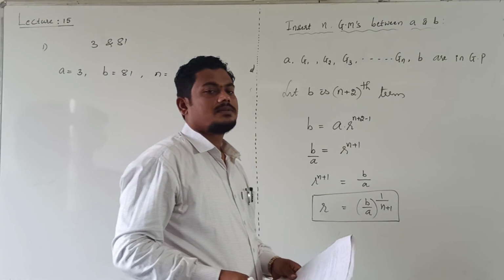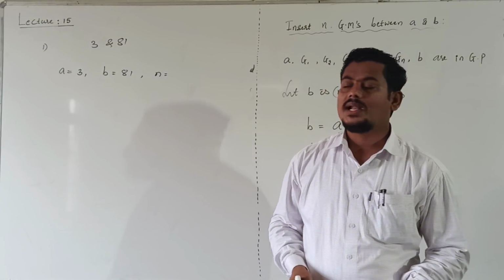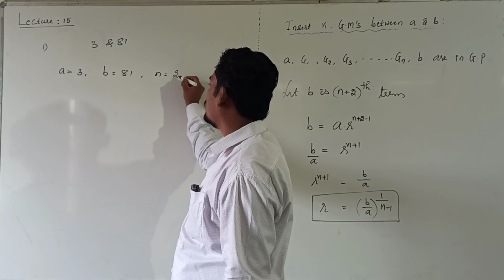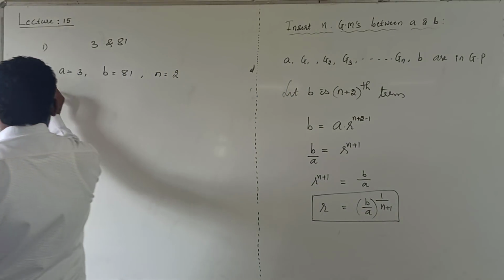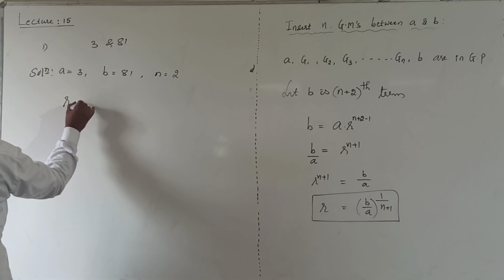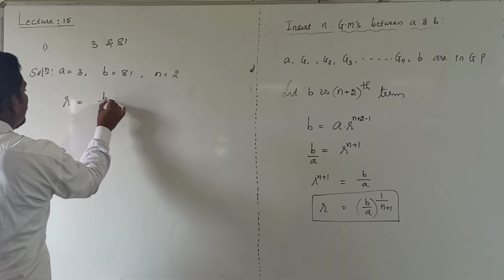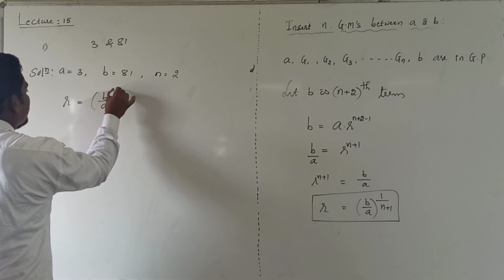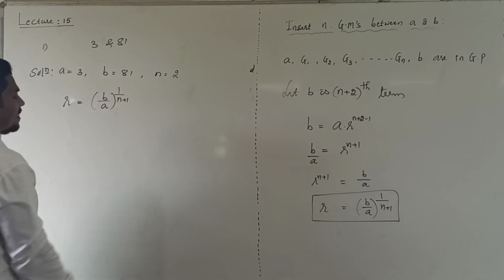In this case, what is n value? Insert two numbers, then take n value 2. After that define r value. R is equal to formula b by a whole thing power 1 divided by n plus 1.